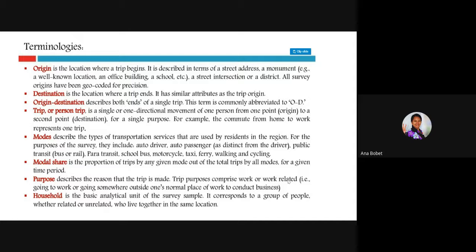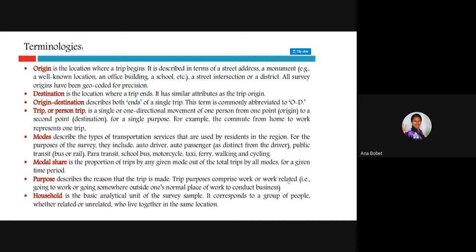So the purpose of his trip is related to work. The purpose of a mother's trips is related to going to school and then going to work. On weekends, the purposes of mama's trips multiply. She can go grocery shopping, or they go to church. So there are multiple trips and multiple purposes. In one household, individual persons have different trips. If we ask the children, those below 18 years old are not allowed.